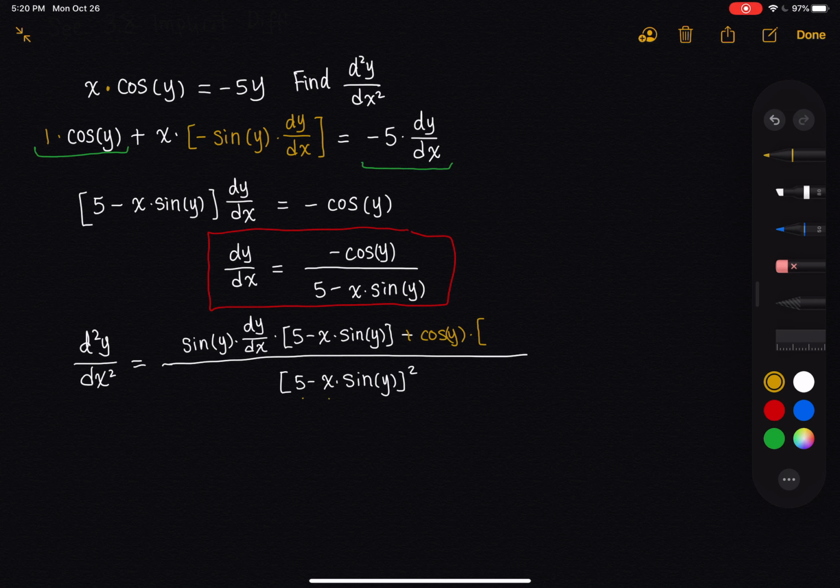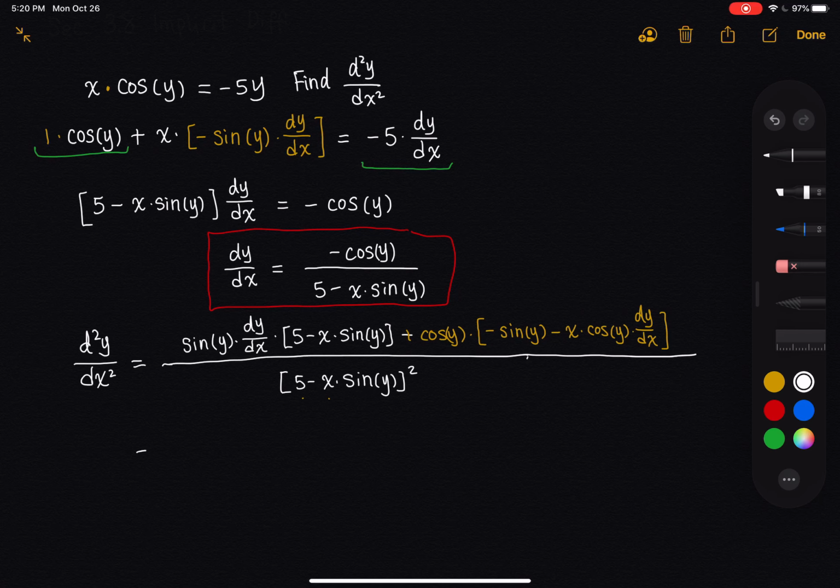The derivative of negative x times sine of y is negative sine of y minus x times cosine of y times dy over dx. Okay, so that is the top. And if you just substitute dy over dx, you'll be done. But we can simplify it a little bit.